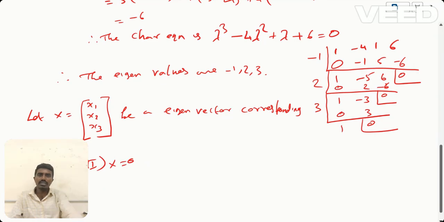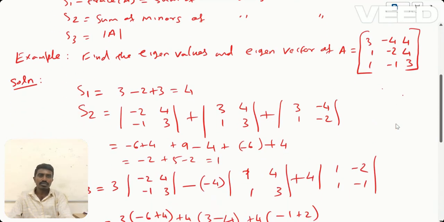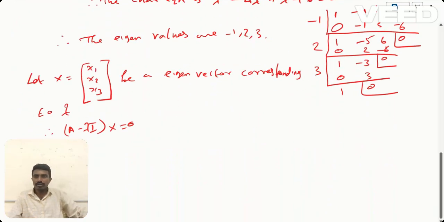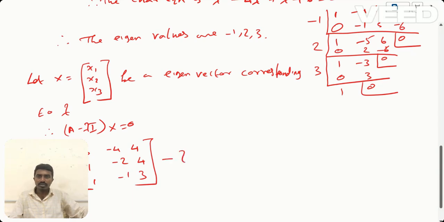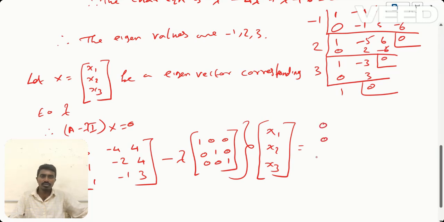We know what A is. A is this matrix. So now find A minus lambda I. A is 3, minus 4, 4; 1, minus 2, 4; 1, minus 1, 3, minus lambda I. Lambda into I is 1 0 0, 0 1 0, 0 0 1, into the column matrix x1, x2, x3, equal to the 0 matrix, column matrix 0 0 0.